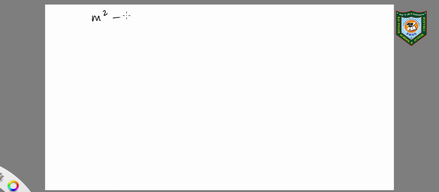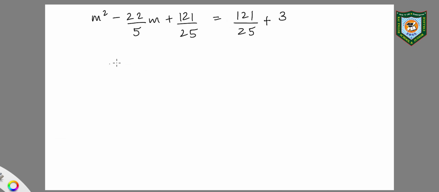So I have m square minus 22 by 5m plus 121 divided by 25, which is equal to 121 divided by 25 plus 3. Now my left hand side was (m − 11/5) whole square, and if I solve the right hand side, I'll get 196 divided by 25.